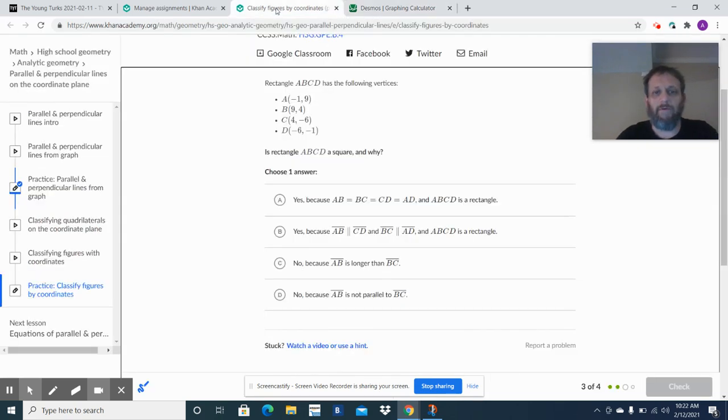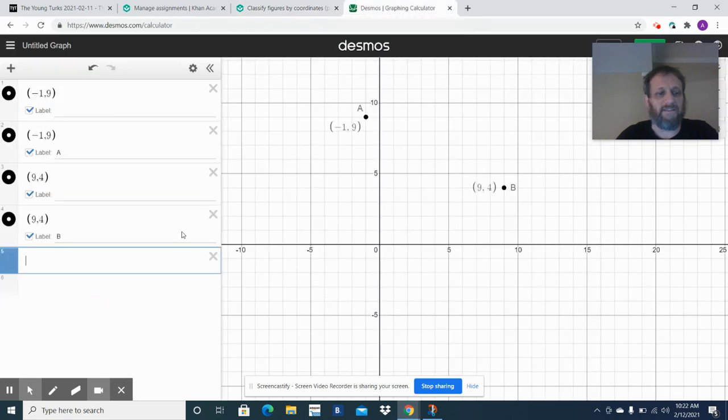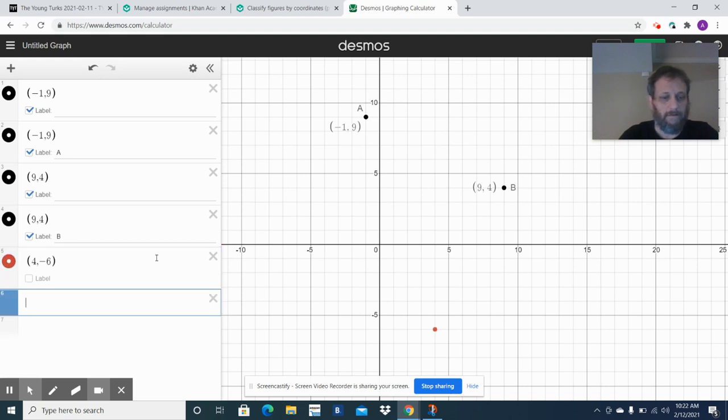And then we have the point 4, negative 6. And another 4, negative 6. Again, label them both. Make that one C. Turn them black.